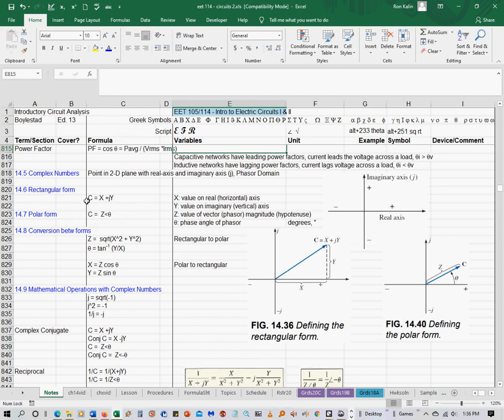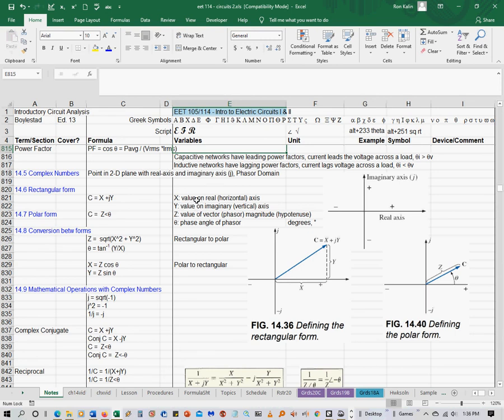The rectangular form of a complex number is C equals X plus jY, where X is any value on the real horizontal axis. It's any number. It's not just an integer and it's not just a positive number.